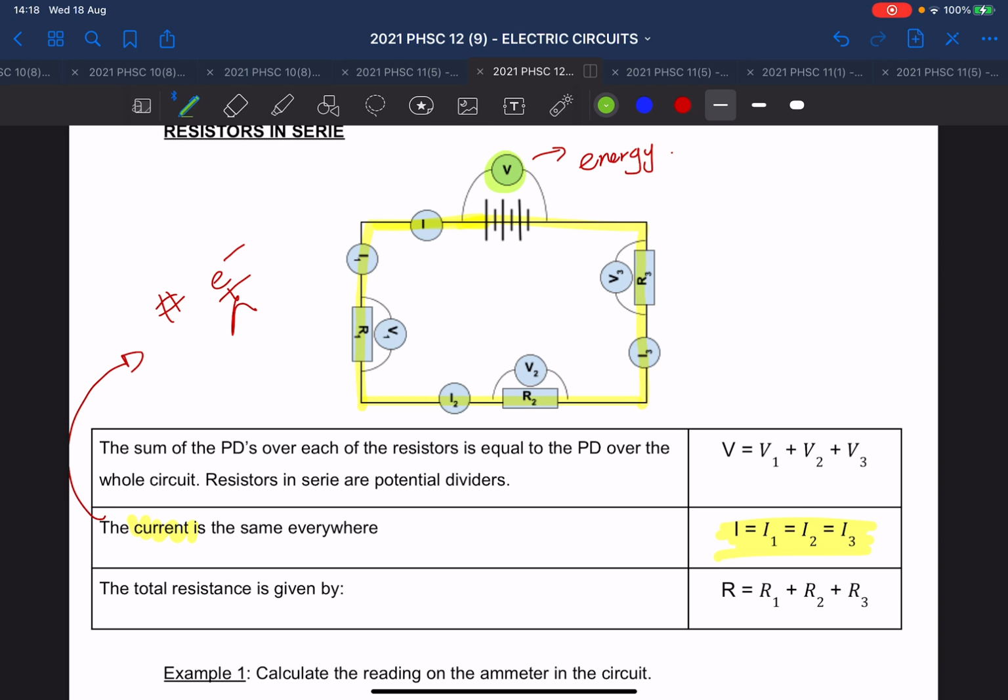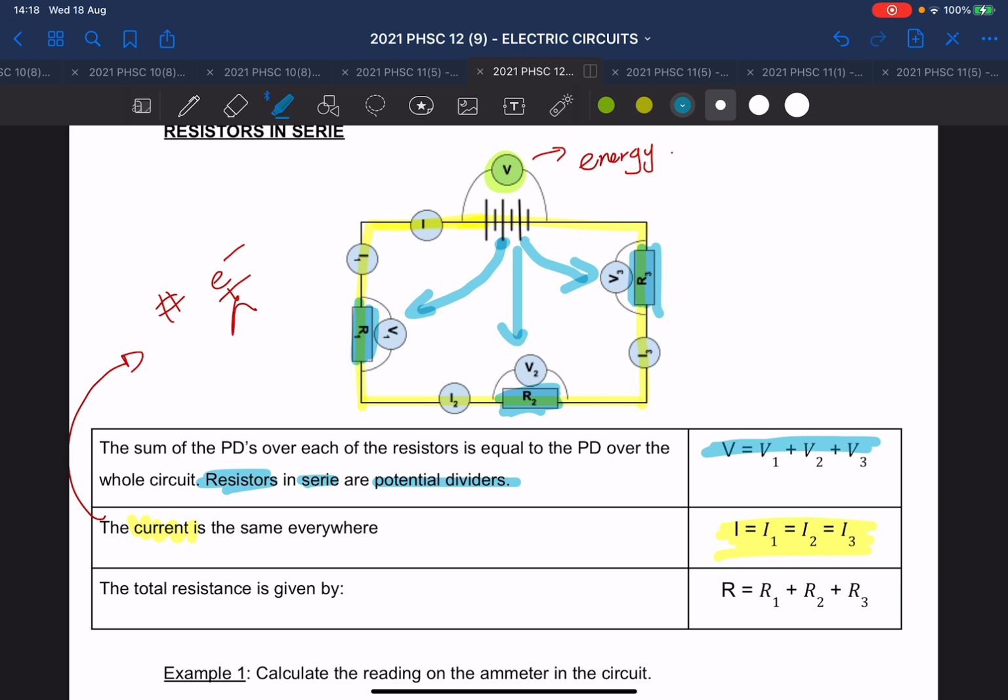We see in this circuit we have 3 periods: life sciences, Afrikaans, and physical sciences. So you have to split up your energy into the 3. So you can see here that resistors in series are potential dividers, energy dividers, volts dividers.